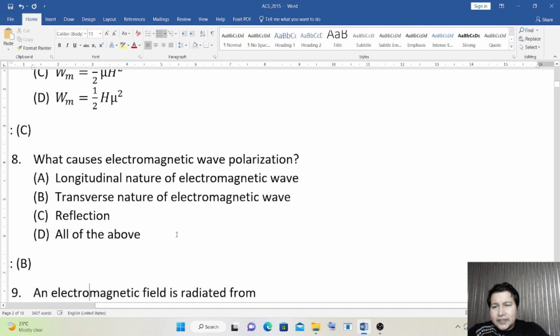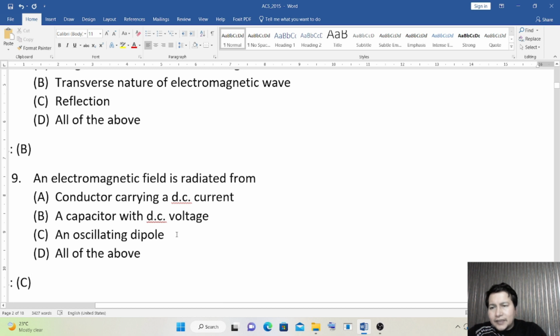The cause of electromagnetic wave polarization is: longitudinal nature of electromagnetic wave, transverse nature of electromagnetic wave, reflection, all of the above. Correct answer will be option B, that is transverse nature of electromagnetic wave.